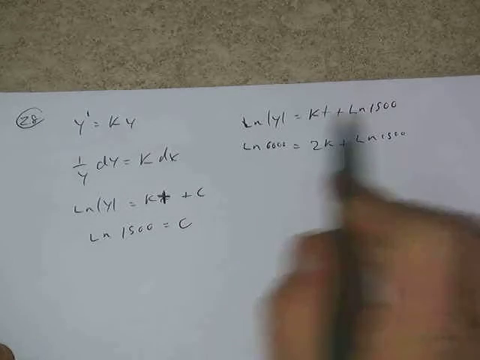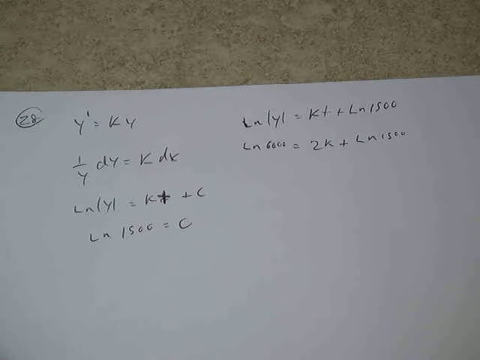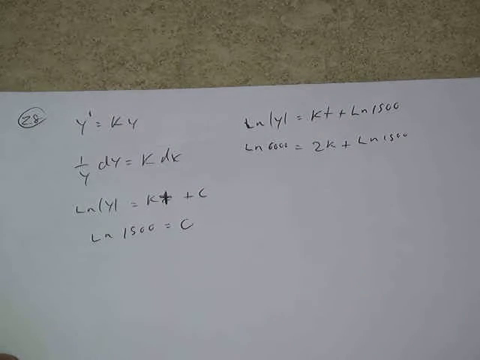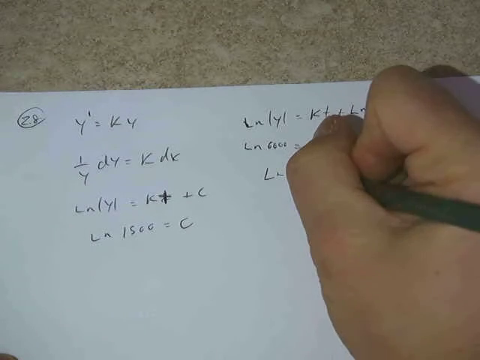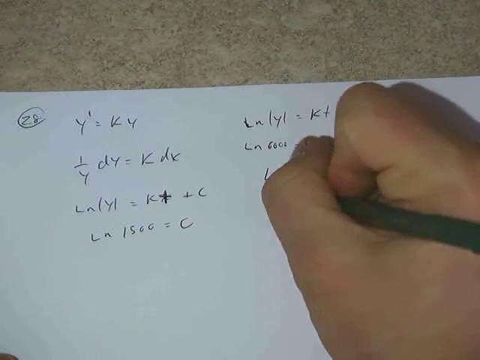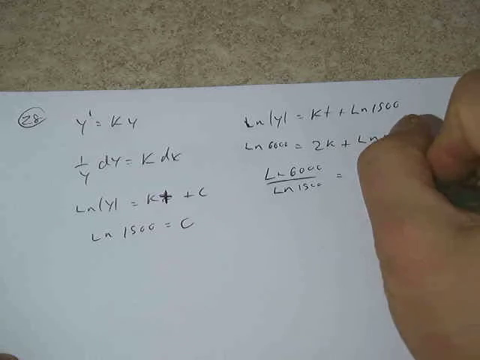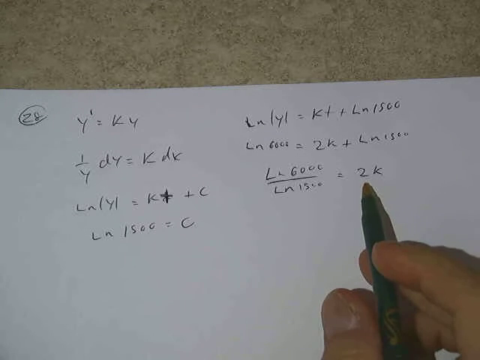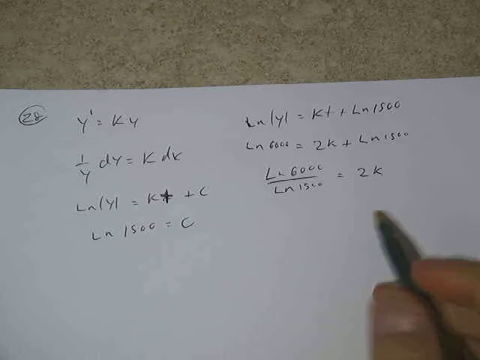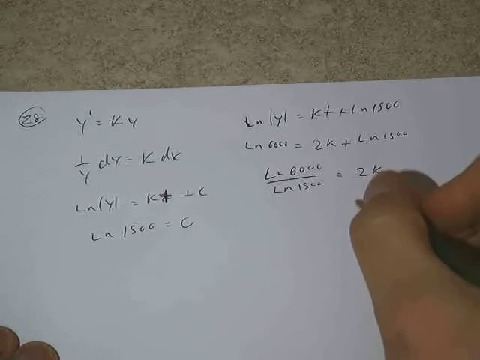So again, we know a relationship here that involves time, population, and also k. If we subtracted, we'd have ln 6000 minus ln 1500 equals 2k. Alright, and with that, if we divide by 2 here, we would have our k.